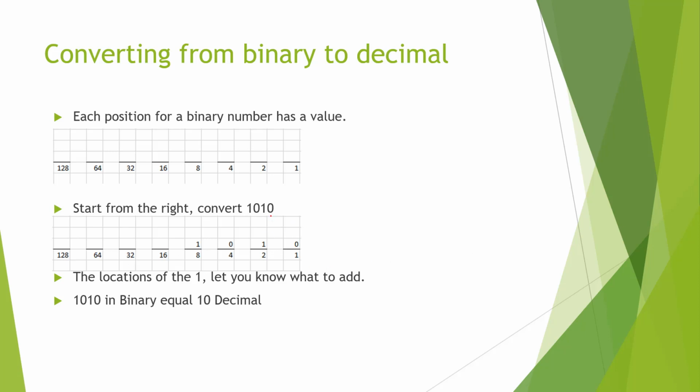So here we line up the 0 to the 1 spot, the 1 to the 2 spot, the 0 to the 4 spot, and the last one to the 8 spot. We add where the 1s are. So 1010 in binary equals 10 in decimal.